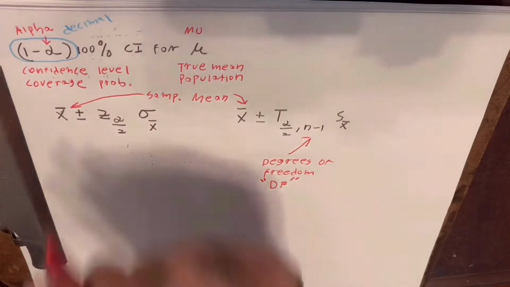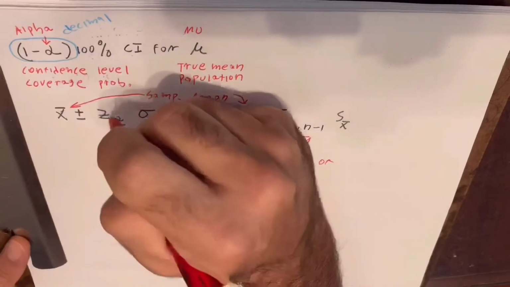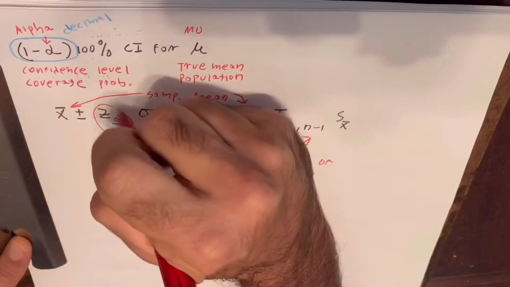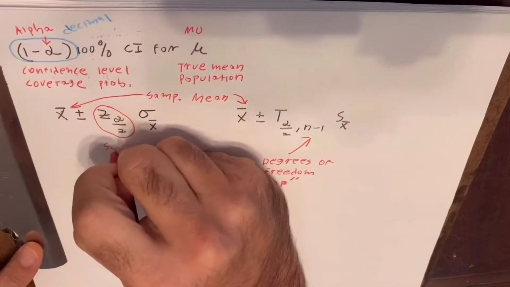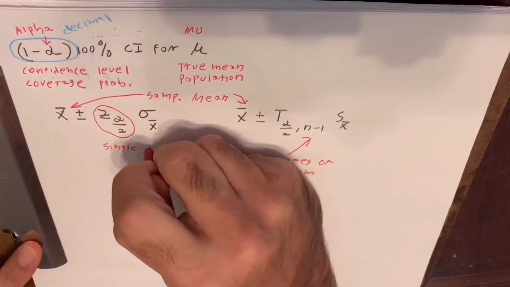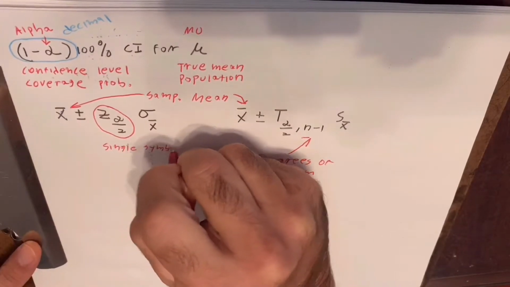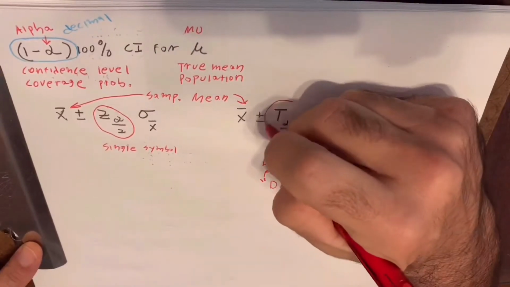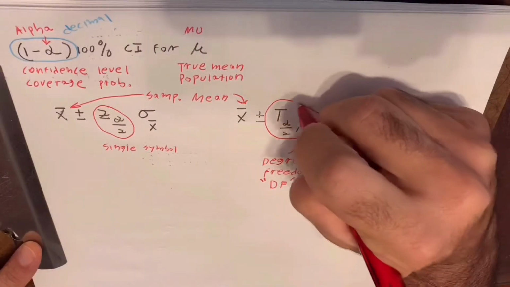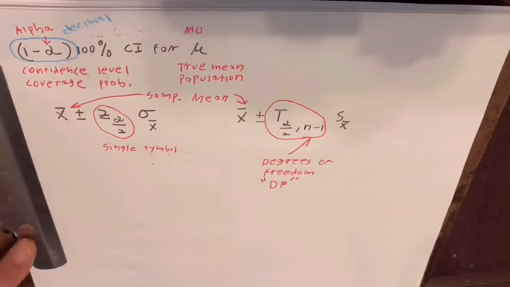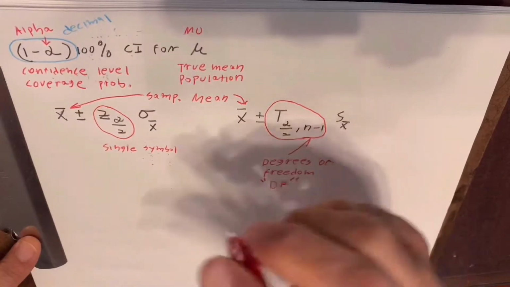The z sub alpha over 2 is a single symbol, and this t sub alpha over 2 with n minus 1 degrees of freedom is also a single symbol.